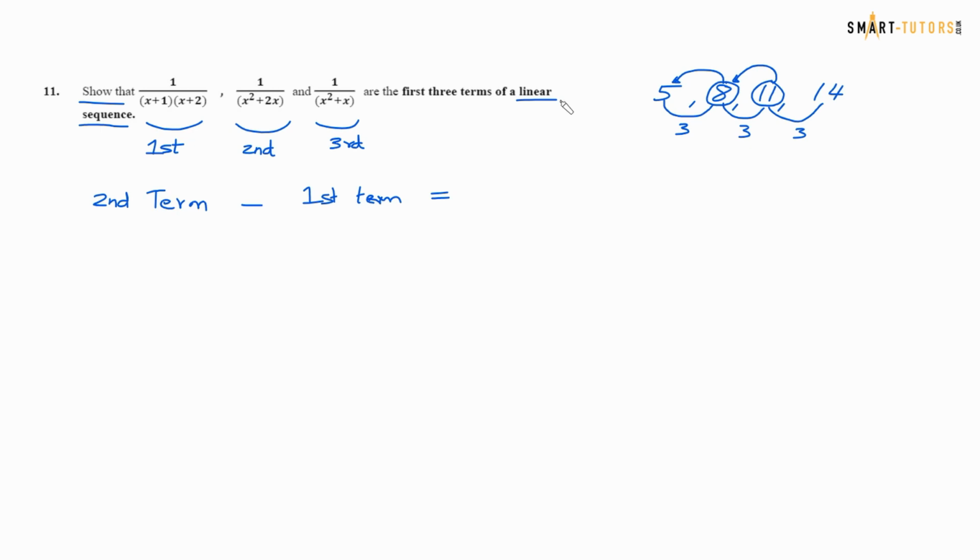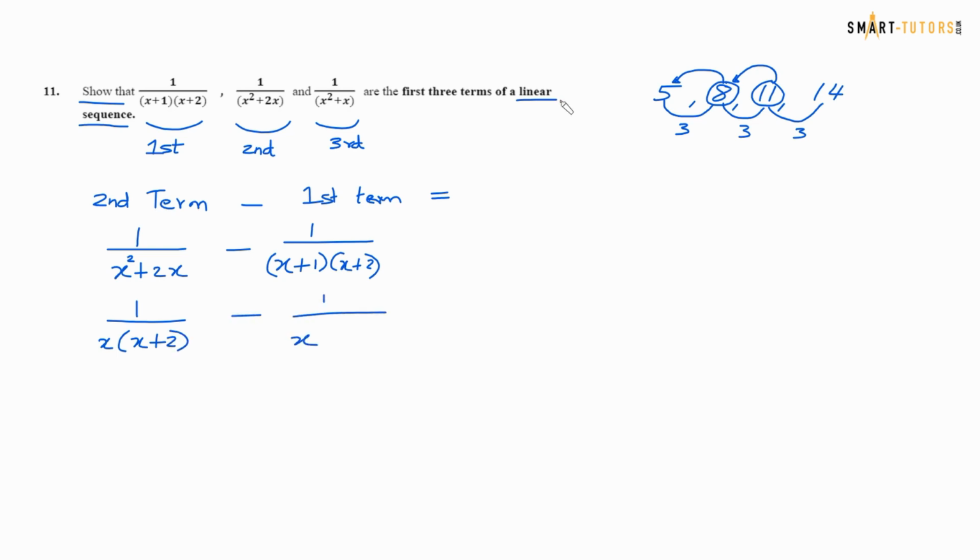Second term is 1 over x squared plus 2x, minus first term 1 over (x plus 1)(x plus 2). We need to find the answer for this. I'm going to factorize the second term. x squared plus 2x can be x, taking x out, x plus 2, and this one is minus (x plus 1)(x plus 2).